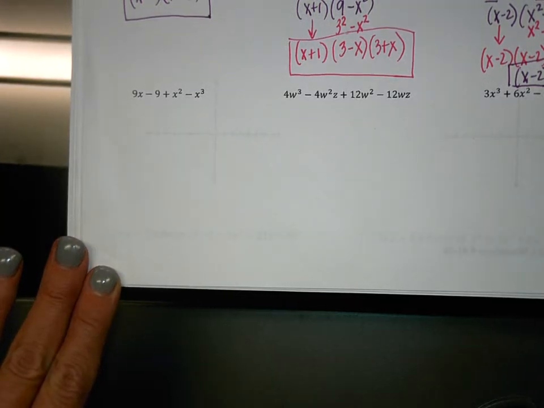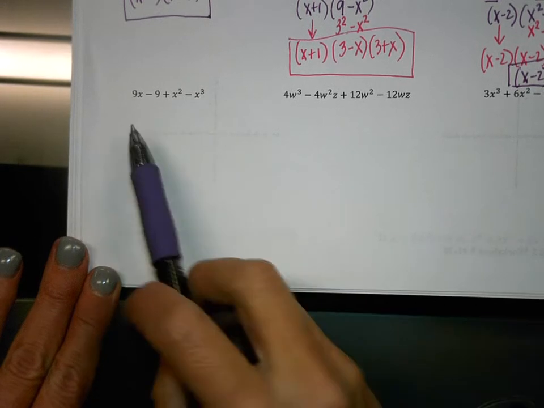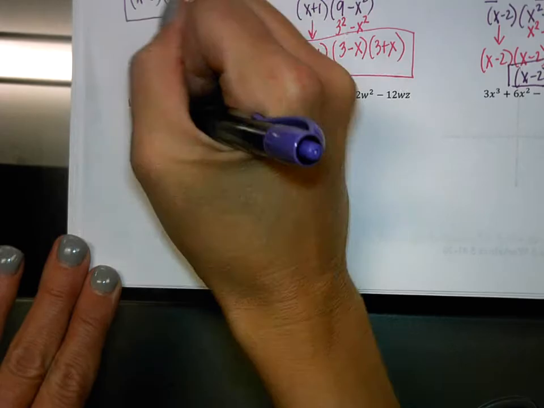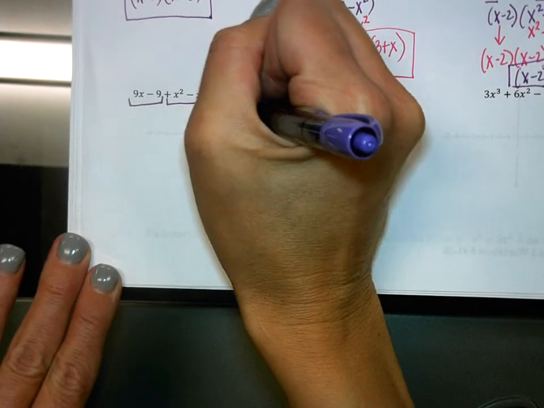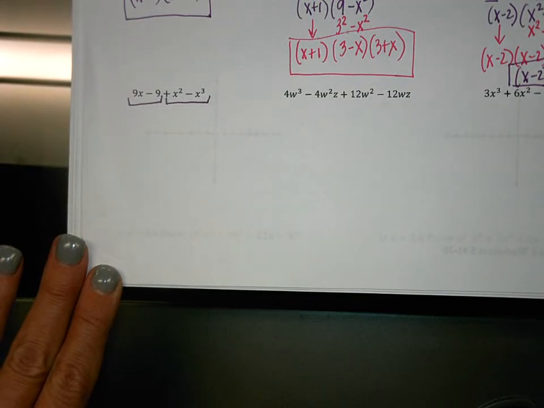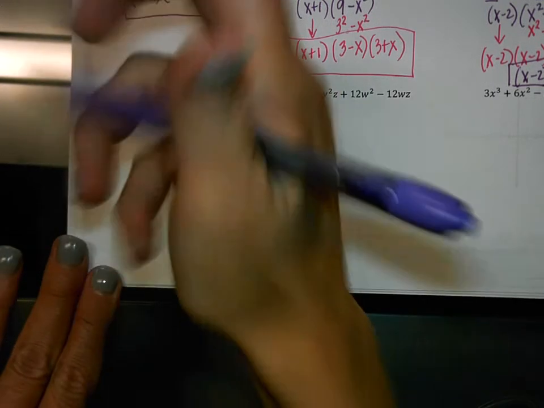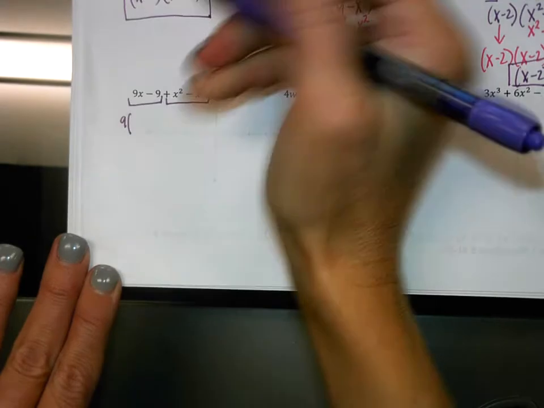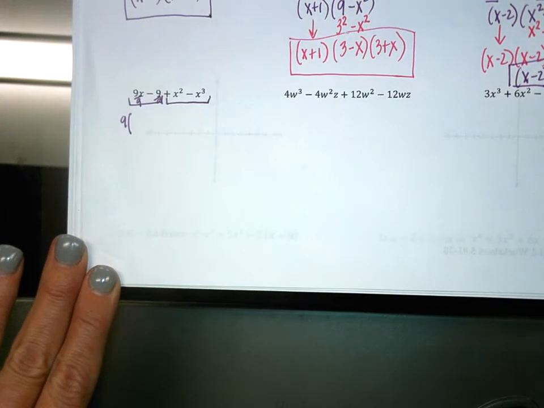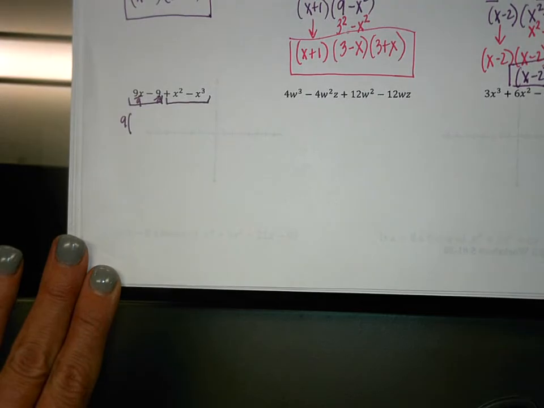Does that make sense? Okay, so because I have 4 terms, what am I going to do now? Group them. Very good. So we're going to have 2 separate groups here, our first 2 terms and our last 2 terms. And now we're just going to do the GCF of each of these groups. So what is the GCF of the first group? 9. Okay, and when I factor out that 9, if you want to, you can divide each of the terms by 9 if it's easier for you to visually see things.